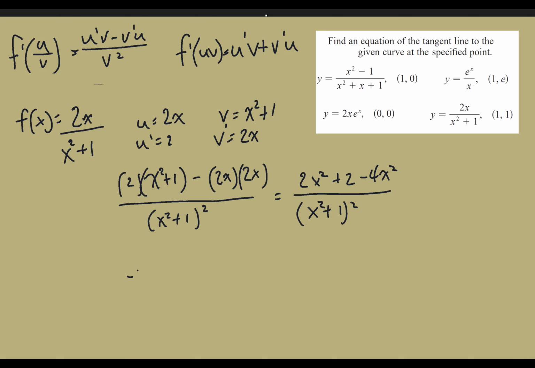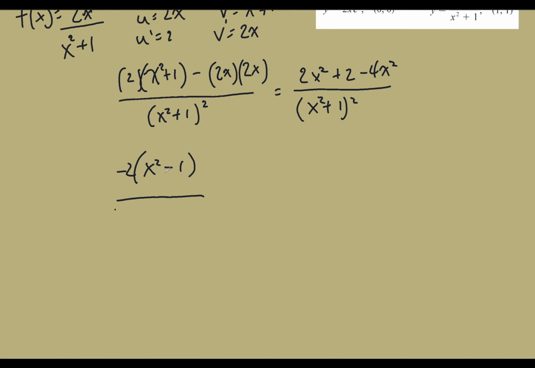That's negative 2x squared plus 2. Should we do a little factoring? Make it really cool? We can make it negative 2 times x squared minus 1, and we'll do that over x squared plus 1 squared.